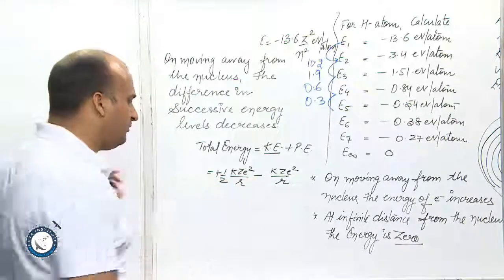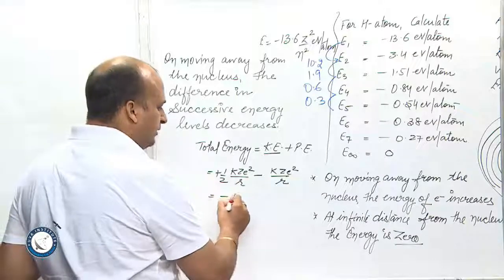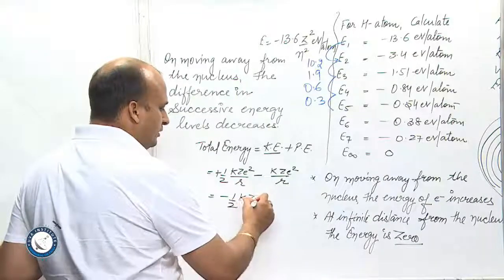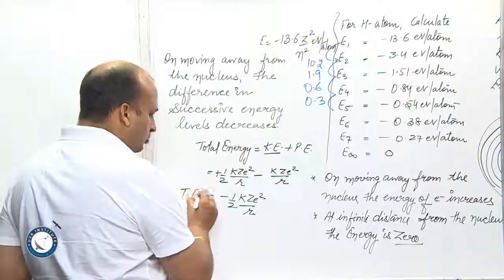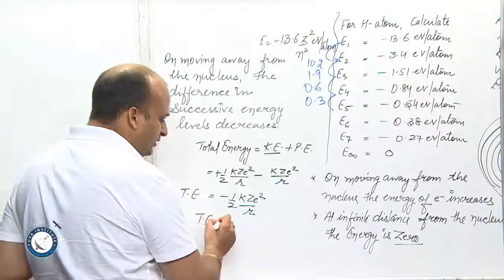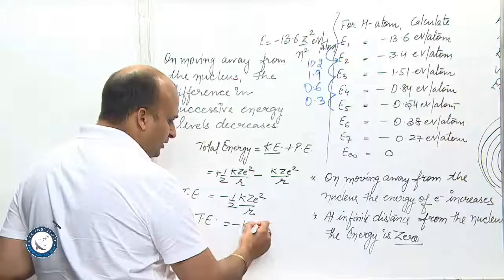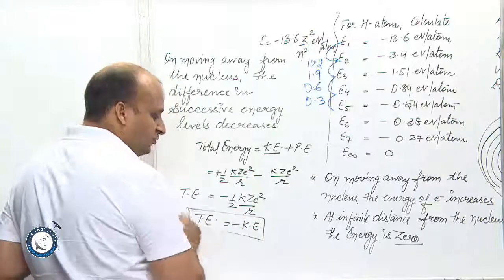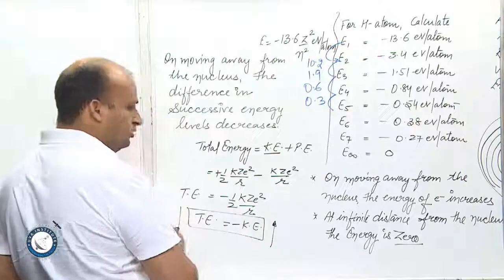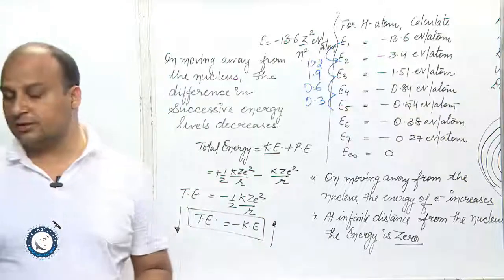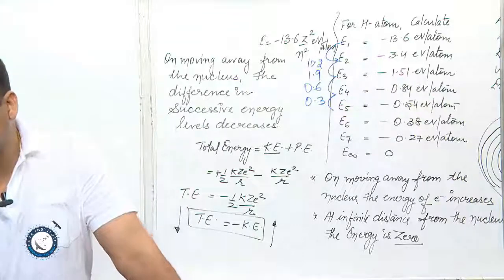So the net value that comes out to be is minus half kZe square by r. So in a way you can say the total energy is minus times the kinetic energy. Which means if kinetic energy is going to increase, the total energy is going to decrease. Is it clear, Sirsa Center?